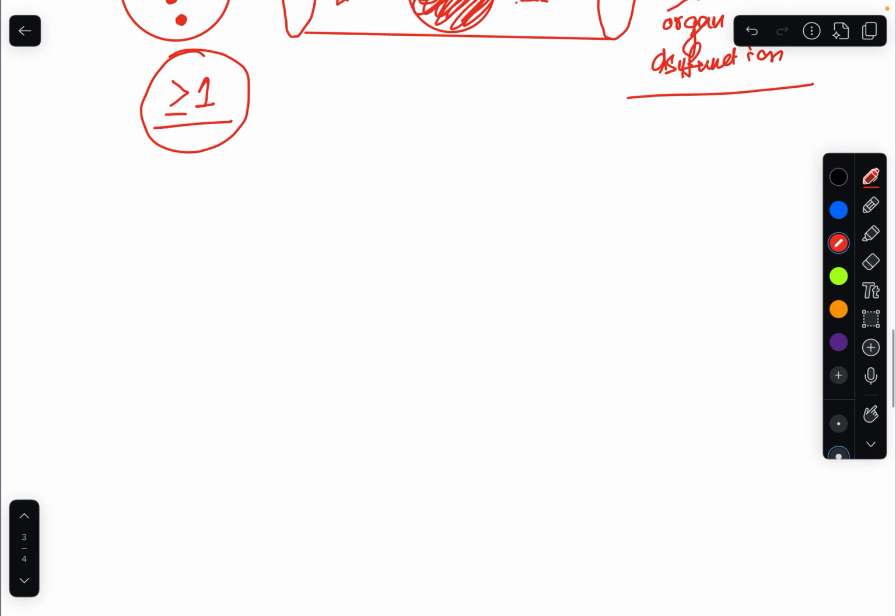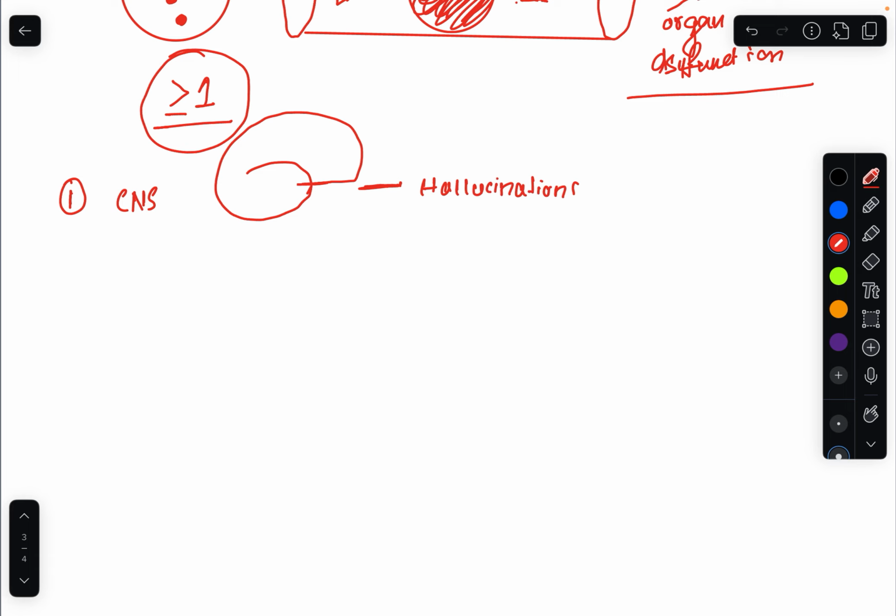What are those features? Starting from the top, first is CNS. In CNS, you can see hallucinations. You can be confused. Consciousness can be impaired.